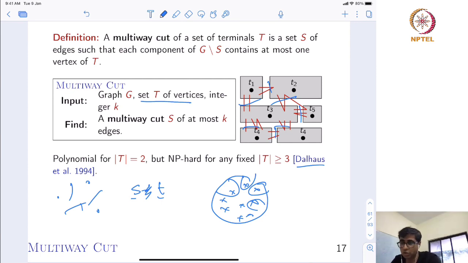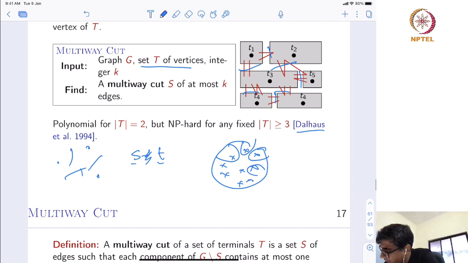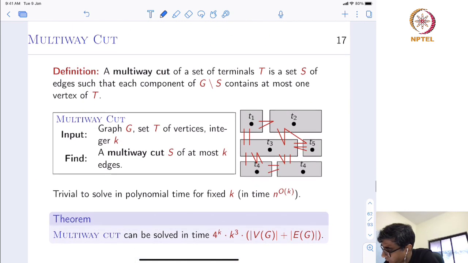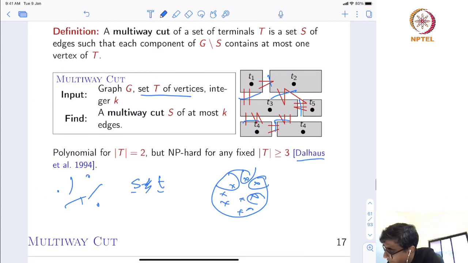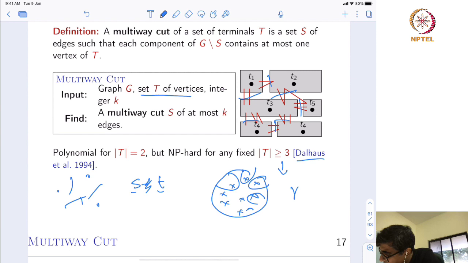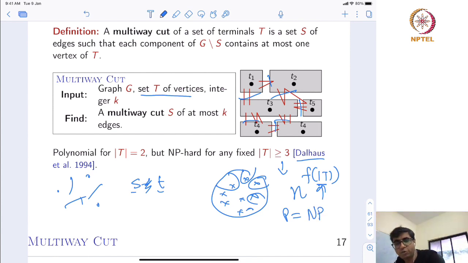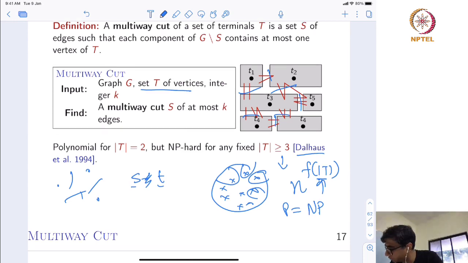What does that imply? This NP-hardness reduction means you cannot have an algorithm of running time even n to the power f of the number of terminals, because this would imply P equals NP. So the number of terminals is not an important parameter for this problem in general. The parameter we will use is the solution size, the number of edges that we need to delete such that these terminals get separated from each other.